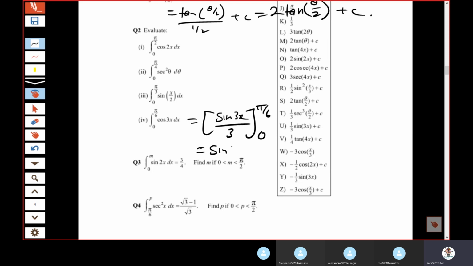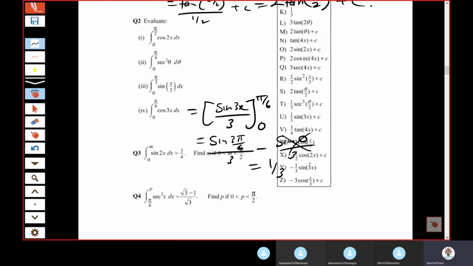So it'll look something like this: sine of 3 pi on 6, all over 3, minus sine 0 on 3. Sine 0 is 0. Sine 90 is 1. So I think the answer just becomes a third. Easy stuff.